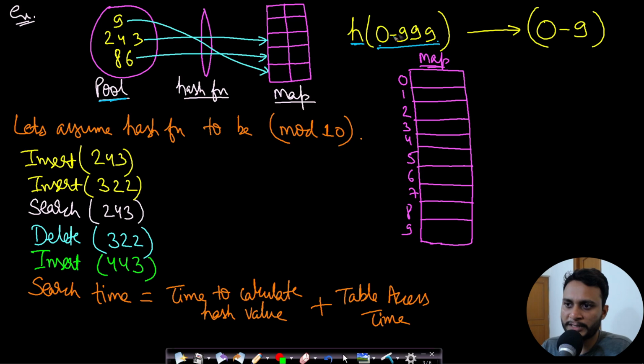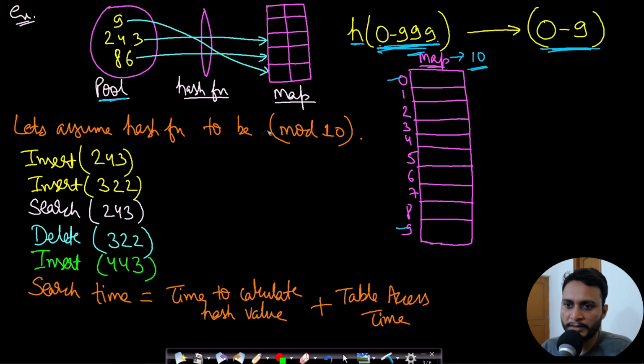If we apply the hash function to any number in the range of 0 to 999, then it should produce an output which will be a number in the range of 0 to 9, because we have a map of size only 10, indexed from 0 to 9. I hope you understood how this hash function is giving the output and why it is only from 0 to 9.